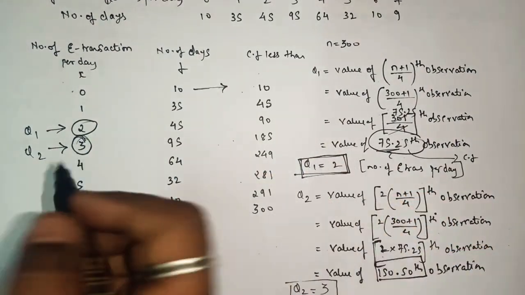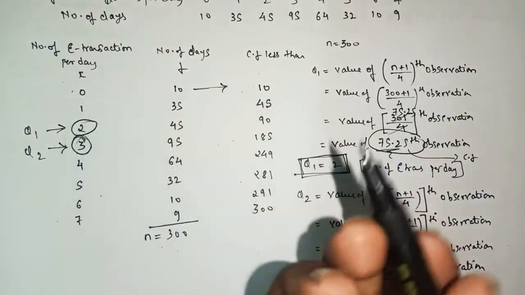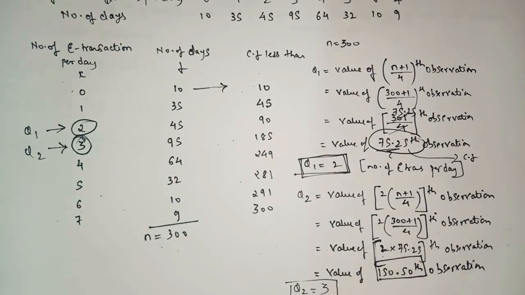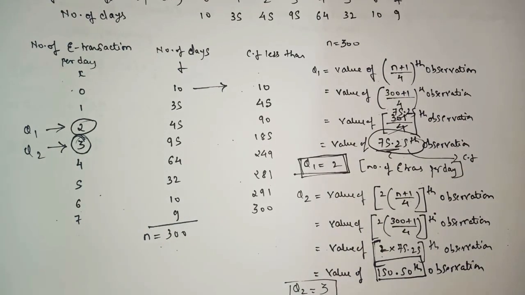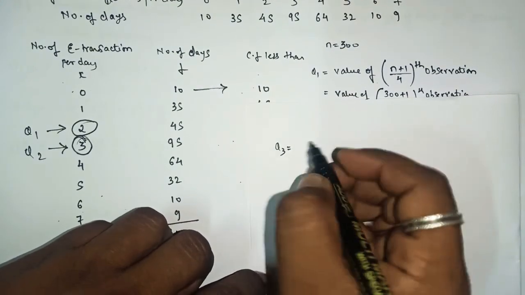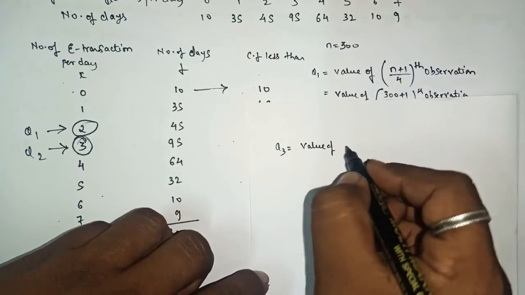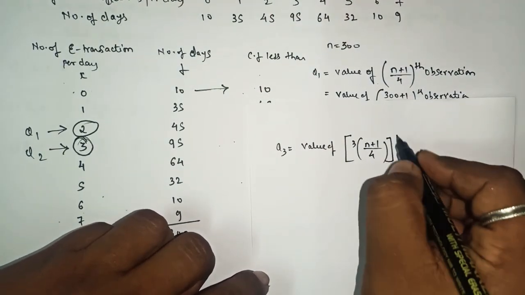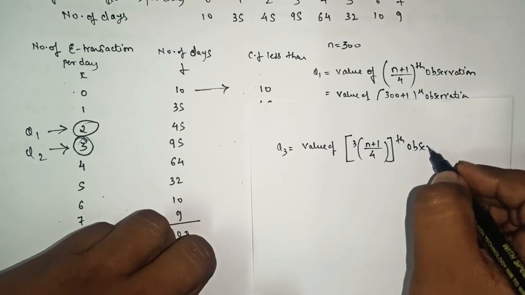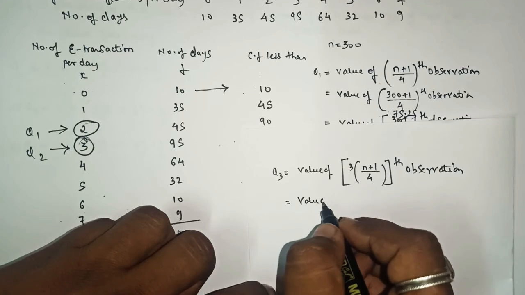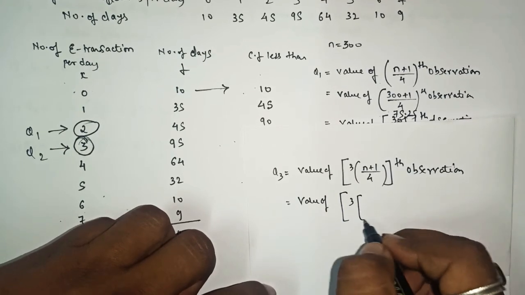So common sense, where will Q3 lie? After Q2 only, yes or no? So the answer will be greater than 3 only. Okay, so let's solve for Q3 now. I hope you all know the formulas. Yes or no? What was the formula for Q3? Q3 was the value of (3n plus 1) upon 4th observation.